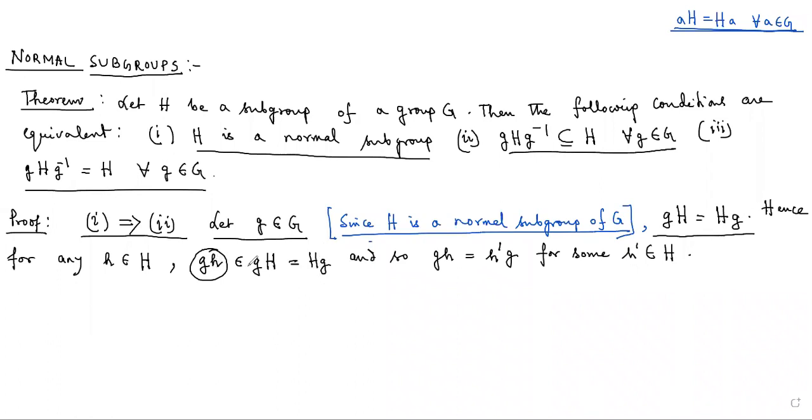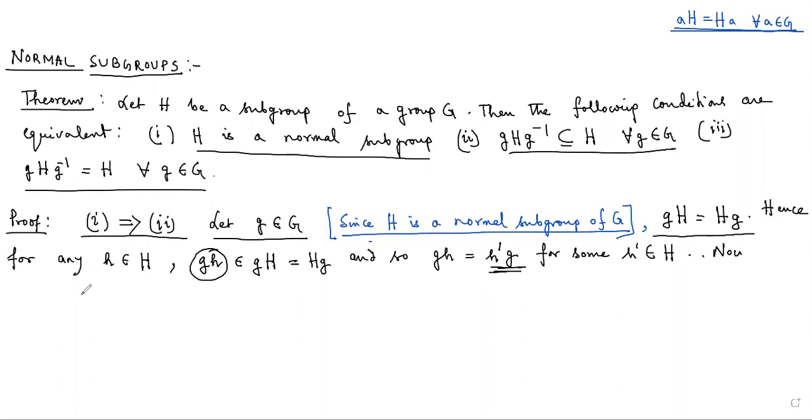So the element gh can be written in the following manner by the definition of the left cosets and right cosets. You know the elements will be of the following form. So we can find an element in the subgroup H, which is denoted by h prime, where gh can be written as h prime into g.